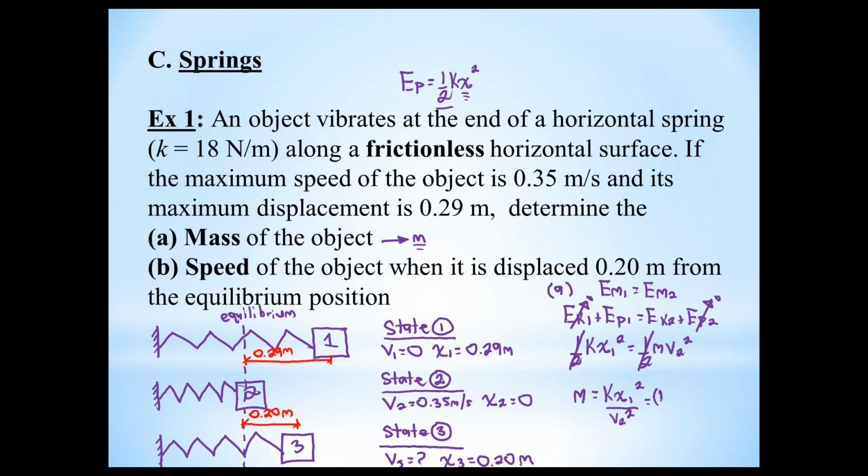Spring constant, 18 newtons per meter, multiply by the amount the spring is stretched at state 1, which is 0.29 meters squared. Divide this by the speed at equilibrium, which is 0.35 meters per second. We're going to square that. And we're going to get the mass is equal to 12 kilograms.